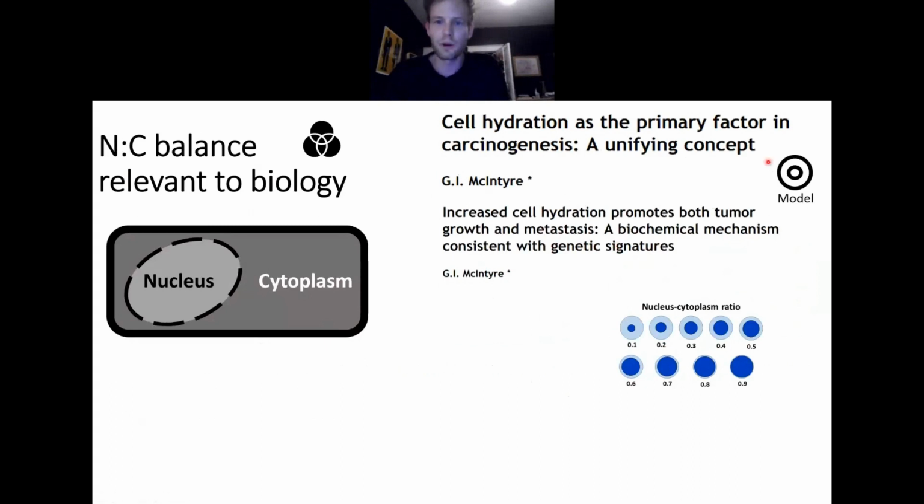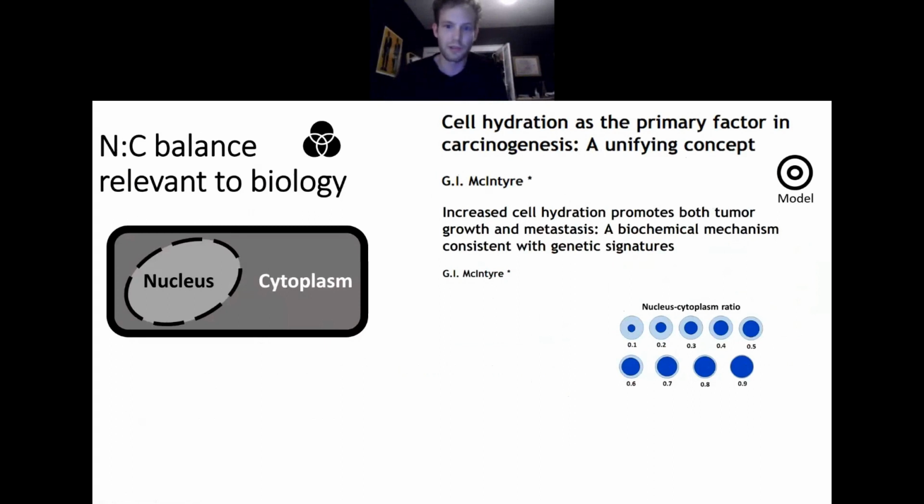So these are models, these are review articles, but what this person is proposing is that when you're a stem cell, the nuclear cytoplasmic ratio is like 1. The nucleus is similar in size to the cytoplasm, but then when you're very differentiated, like a neuron or a muscle cell, you get super huge, long cells with tons of surface area.